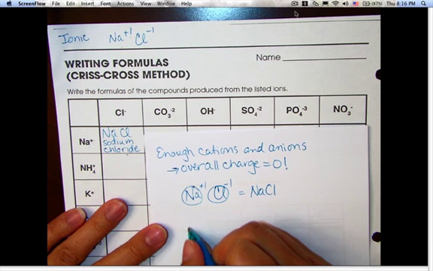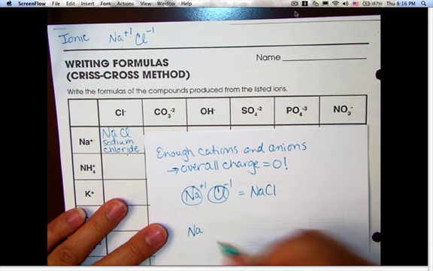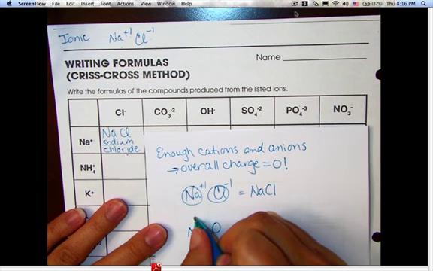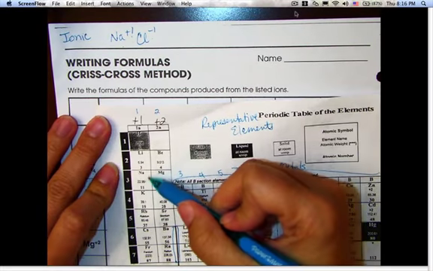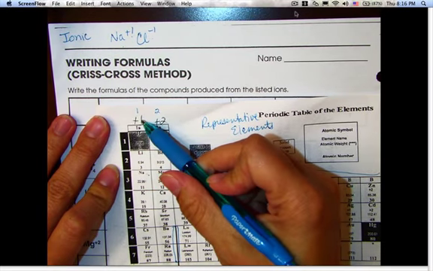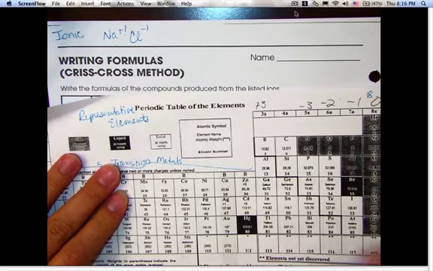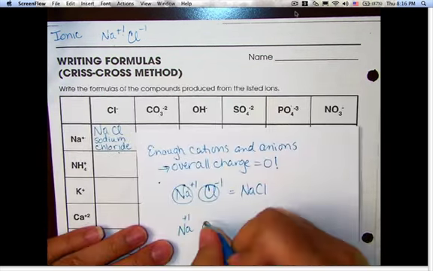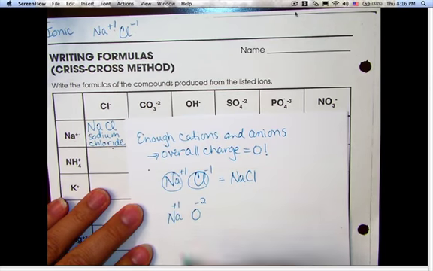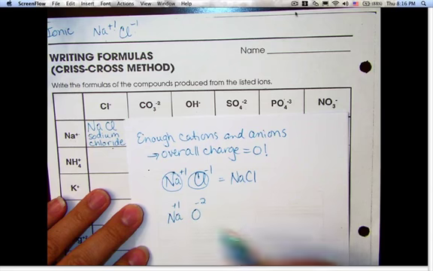If I had done, for example, sodium with, let's say, oxide, sodium is +1. Remember, where I'm finding that is on the periodic table right here. Sodium is +1, and oxide over here is -2. Okay, well, it's going to take 2 sodiums to cancel out that oxide.